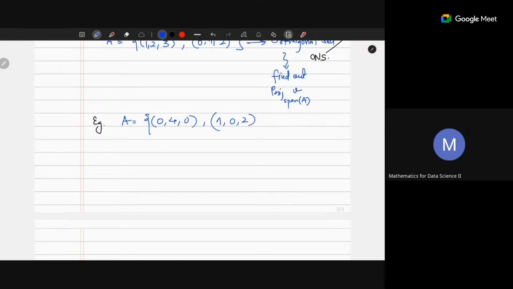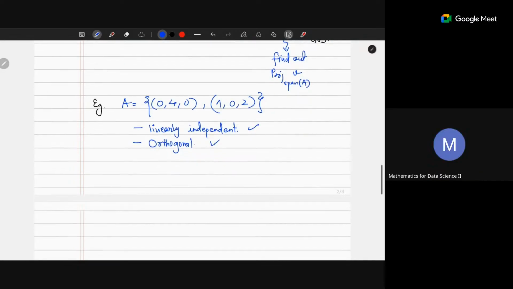Clearly, this is a linearly independent set, and is it orthogonal? Yes, it is orthogonal also. And now I want to project the same vector that I had earlier, which was 0, 0, 1. Again, the question is the same: projection of v onto the span of A.